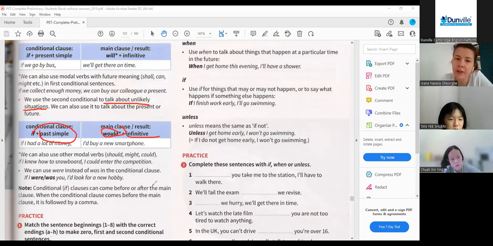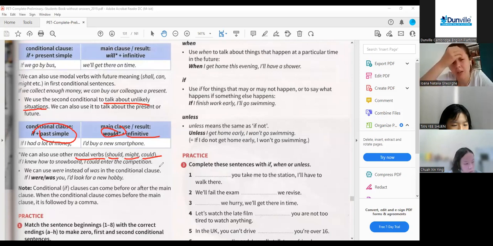Okay, and very similar to the first conditional, instead of the would, you could use modal verbs in the conditional. Should, might, could. If I knew how to snowboard, I could enter the competition. If I were you is more used than if I was you.